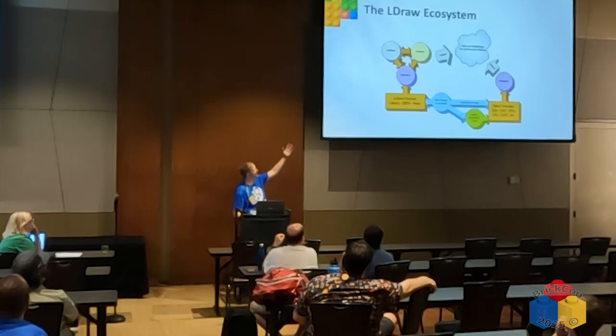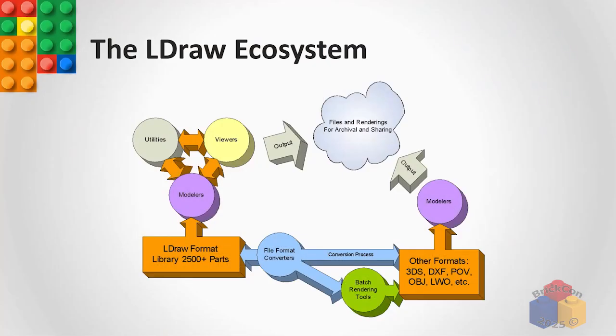So just to recap, the LDraw ecosystem. We have the library, which describes all the bricks in digital form. We have converters that can take the library and put it out into other 3D programs, or the library is used by utilities and editing programs and whatnot, and then those programs output into something, either a cool rendering, a movie, or building instructions or other cool things.